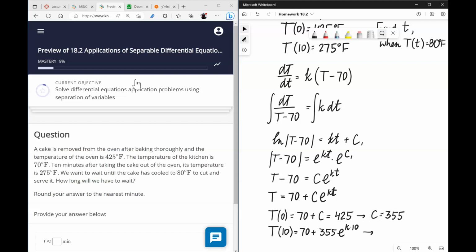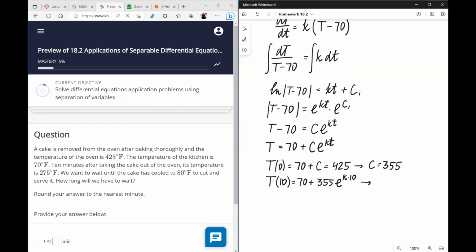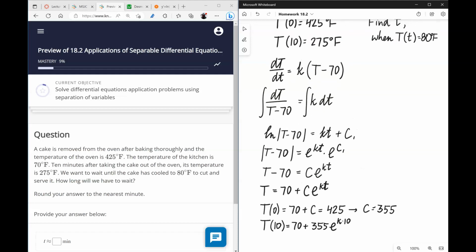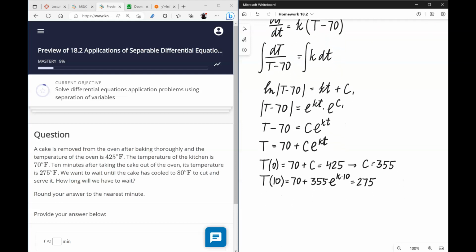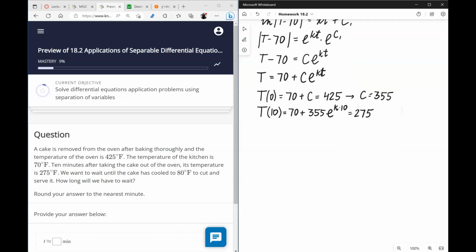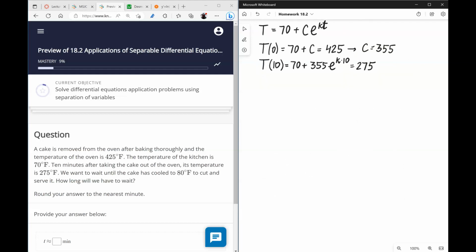And to find k, I just have to do some simple algebra here. And I'm going to isolate k. Oh no, sorry. I have to use the fact that all of that is equal to 275. So now I'm going to subtract 70 from both sides. So 355 e to the power 10k is equal to 205.